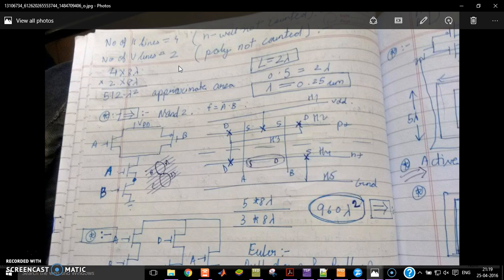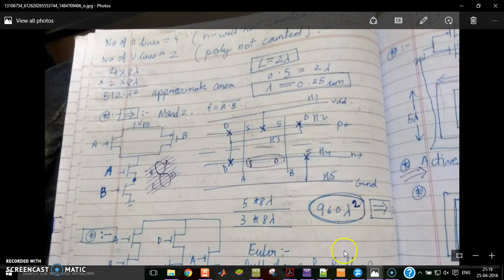When calculating the parallel lines, we will not include the N well, which is this line out here. And while calculating the vertical lines, we will not include the polysilicon, which are these two, A and B out here.